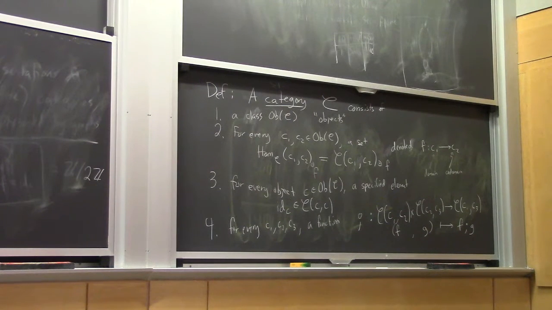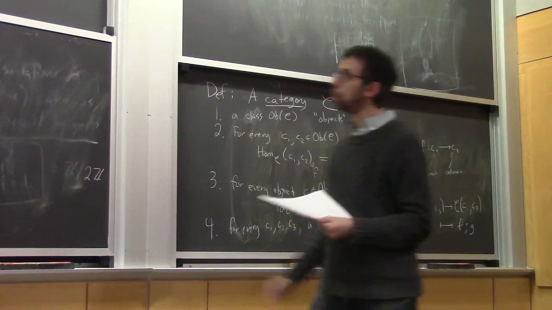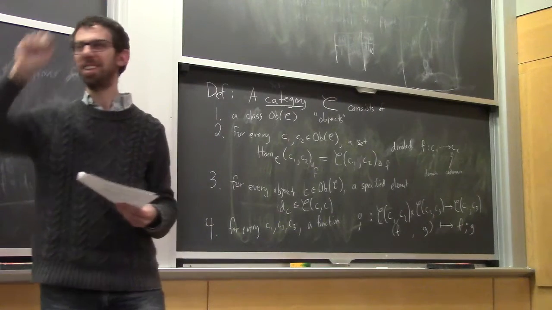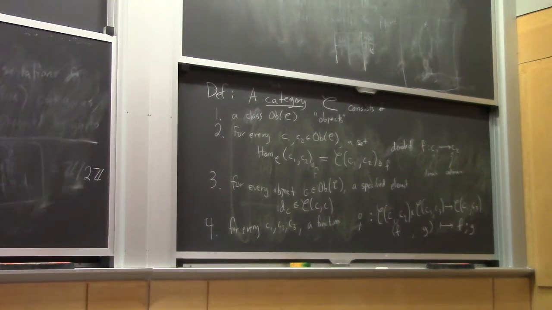Other questions? What's an example of a category studied in math where, in the last axiom, the composition is not actually the composition? Oh, where it's not actually the composition. Well, what's the composition of works in a secretary? Oh, you said in pure math. Or in math in general. Where the composition does not feel like composition.